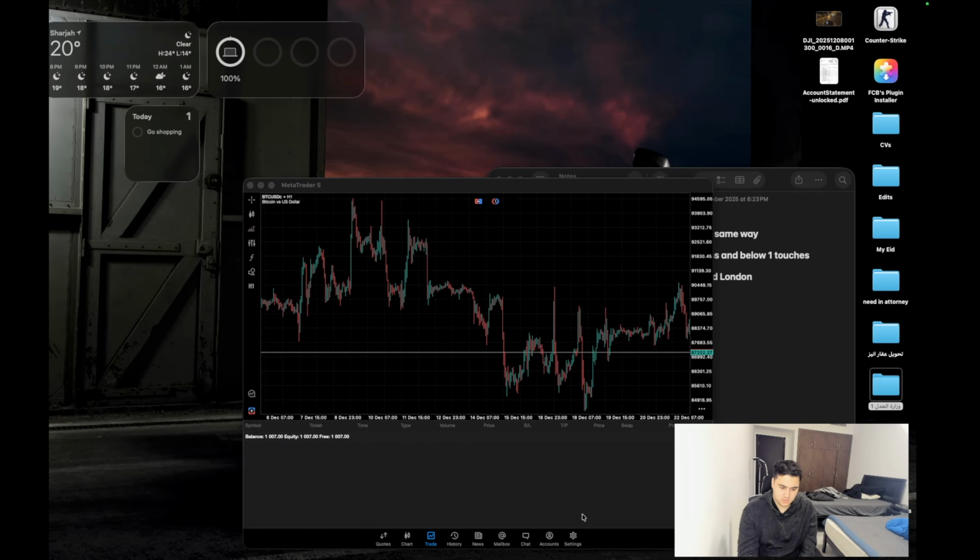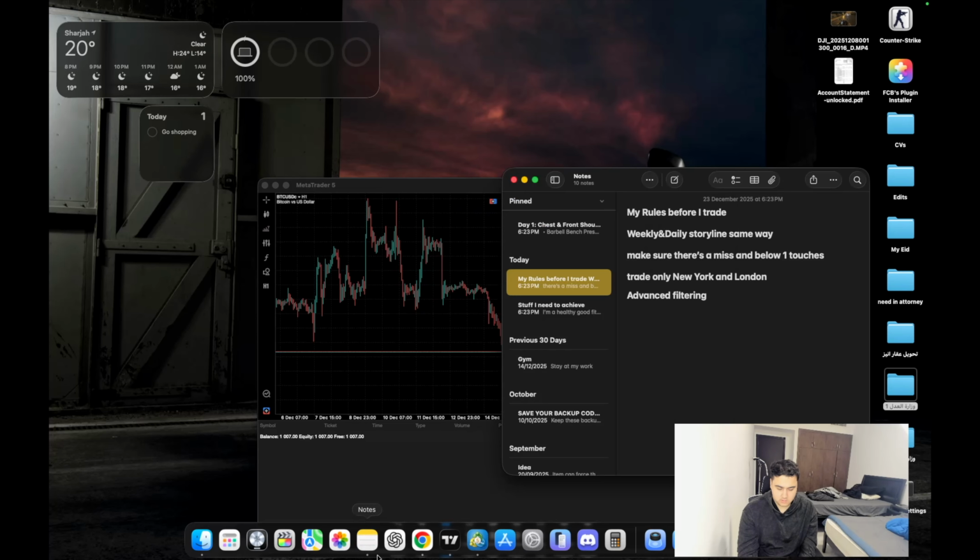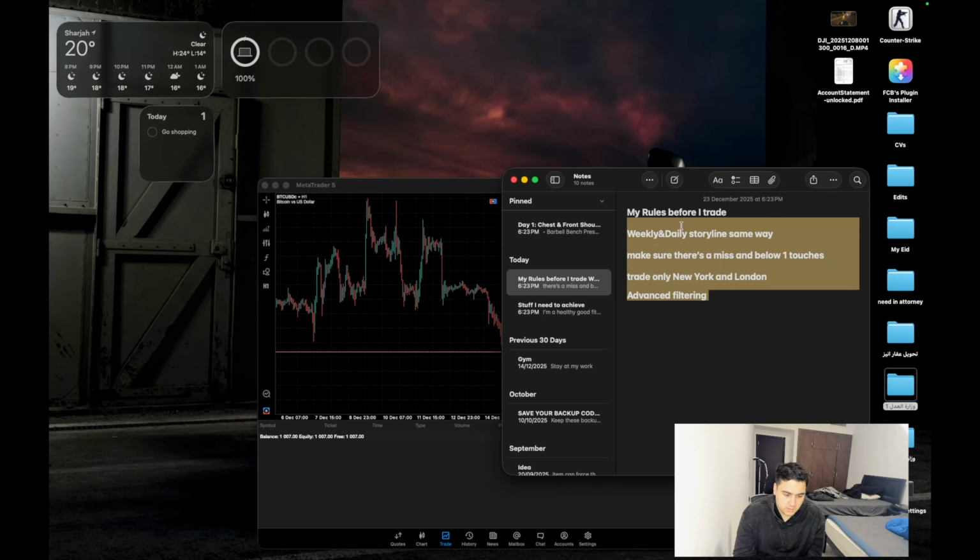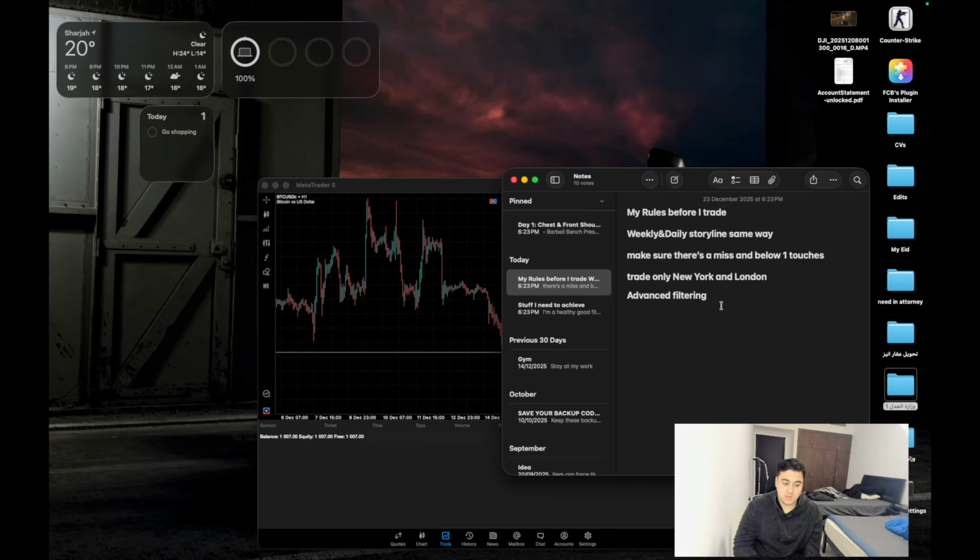I have rules as well. Where are the notes? I have rules, I think. But on the backtest, if I apply these rules, it's gonna take so long. But when I trade a real account, I definitely follow these rules. There are more rules missing that I didn't write yet, but they are also very important. Trade only New York and London.